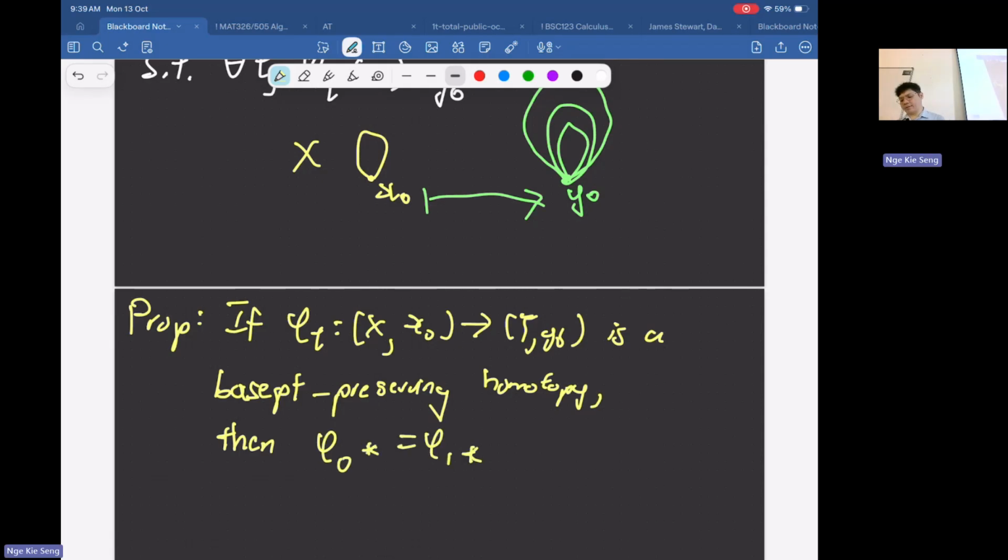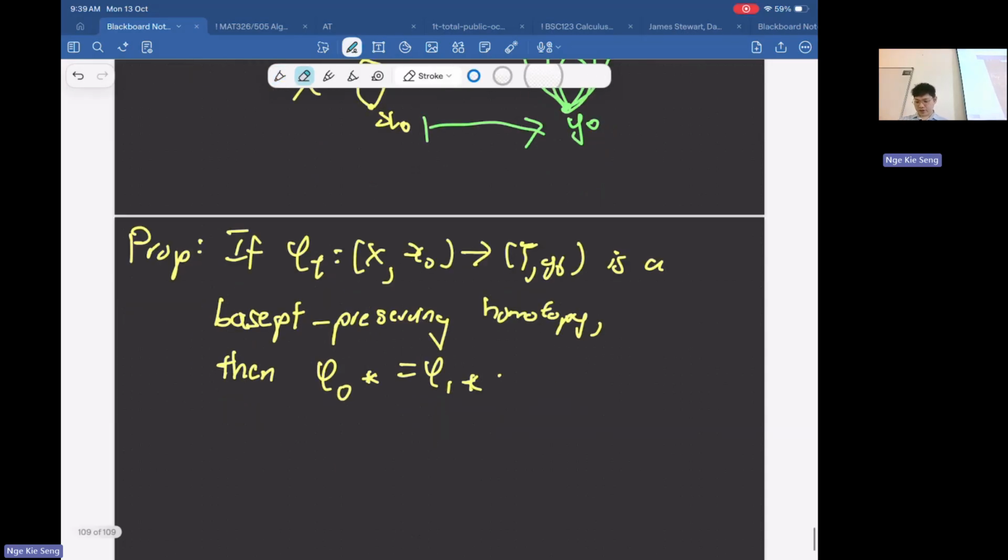By starting and ending, I mean the start of the homotopy and the end of the homotopy. So how to show this? You want to check the induced map is the same. It is a map on the fundamental group, so you just check on every loop so that they are the same.